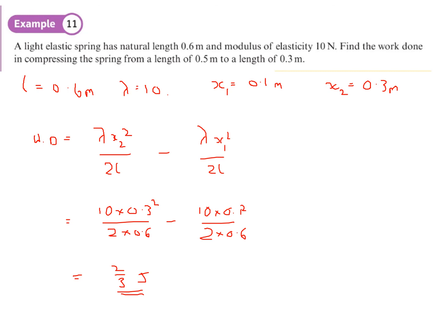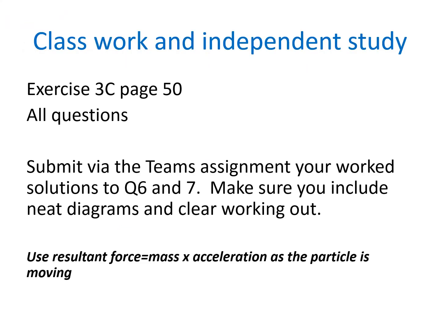If you want to think about that for a bit, if you're not sure about it, just pause and reflect on it, and copy down the notes. You can look at more detailed working out in the textbook if you're not sure. If you're happy, then let's move on. This is what I want you to do. We're going to do exercise 3C. It's not a very big exercise, it's quite short.